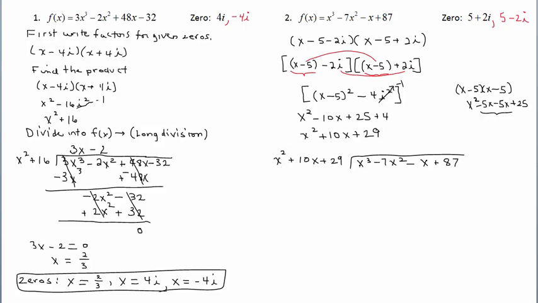What do you multiply x squared by to get x cubed? That would have to be x. Go back and distribute the x with all three terms, lining up the product in the appropriate place. So x times x squared is x cubed. X times 10x is 10x squared. It belongs here. X times 29 is plus 29x.